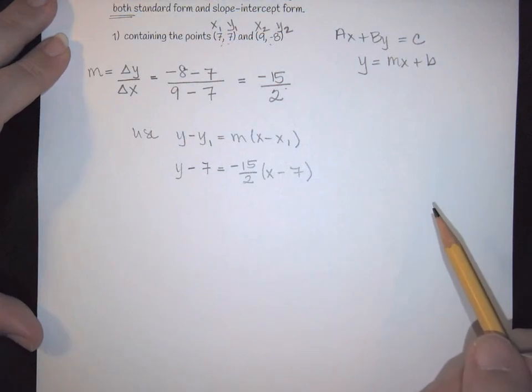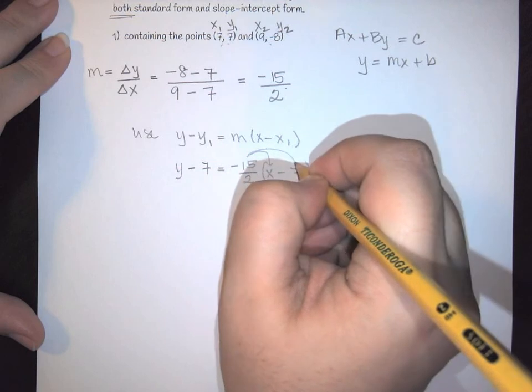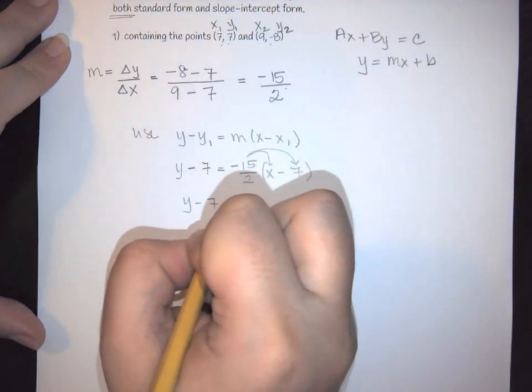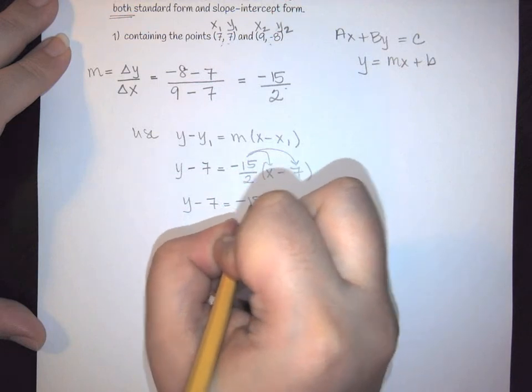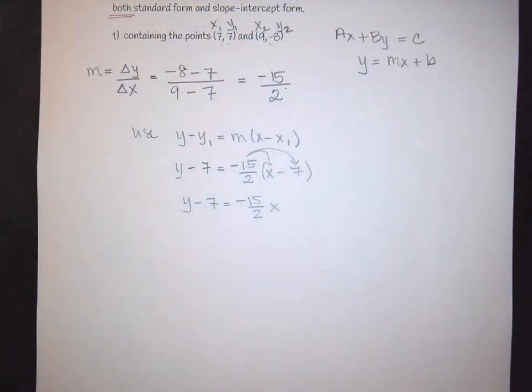So here, once you plug everything in, we need to distribute. So we're going to distribute this fraction through. So this gives us y minus 7 is equal to my negative 15 over 2x. And then I'm going to multiply by that 7 here. So we're going to have 15 times 7 gives you 105.